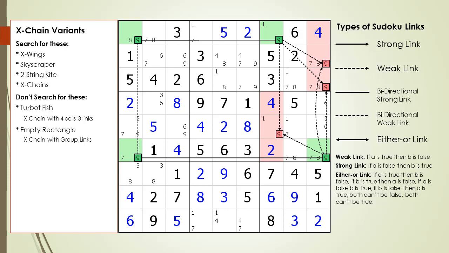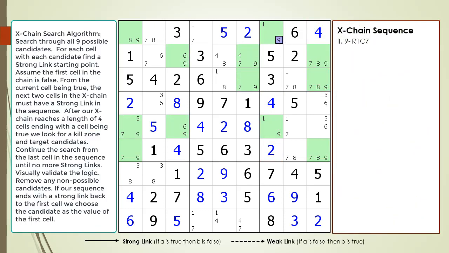We will now demonstrate the skyscraper example as an X-chain. All the cells having a possible 9 candidate are now highlighted in light green. We begin our X-chain sequence with the possible 9 candidate in cell 1, 7 now outlined. The next strong link in the sequence is a strong link between the possible 9 candidate in cell 1, 7 and the possible 9 candidate in cell 1, 1.